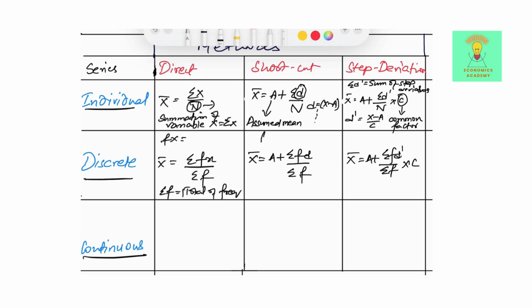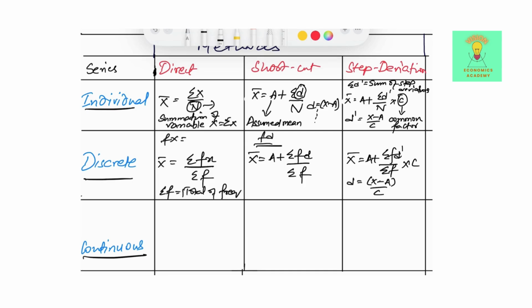So fd is nothing but the product of deviations d and respective frequency, and summation of fd is the sum of the product of deviations d and the respective frequencies. Then comes x bar, which is a plus summation f d dash, where d dash is x minus a by c, right?